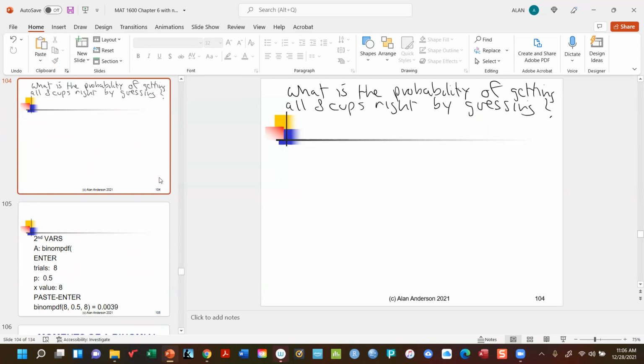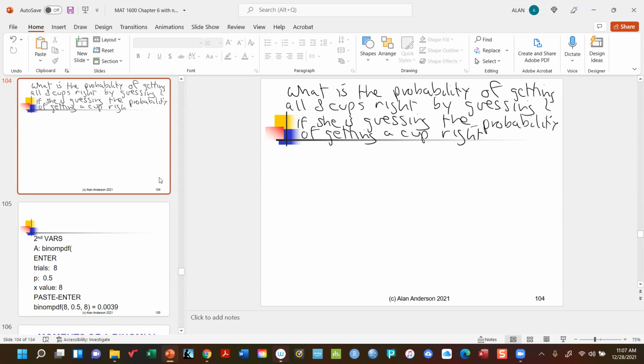Well, the thing is, if you're guessing, the probability of getting a cup right would be 1/2. That's the key to the whole thing.